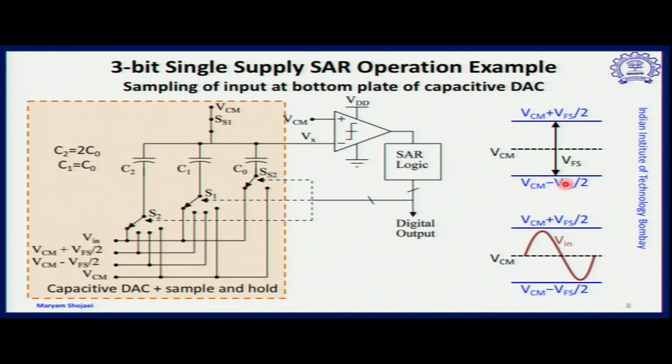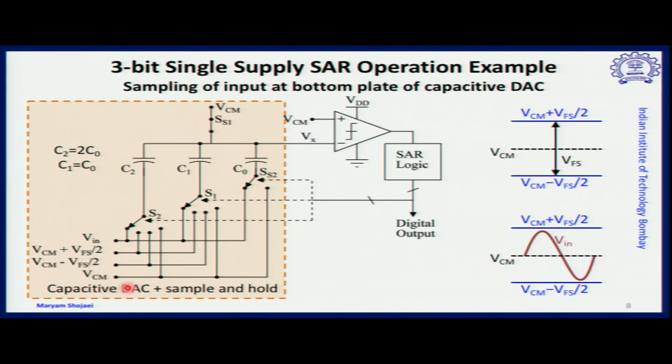With this definition, we have the switching circuit shown on the left side. The module shown in the orange block is the capacitive DAC, and the switching arrangement is a little different from what you have seen in most textbooks. The reason is that here we have a common mode level, and the reference levels are defined with respect to it. Therefore, we have two reference levels: the minimum, VCM minus V full scale by 2, and the maximum, VCM plus V full scale by 2.